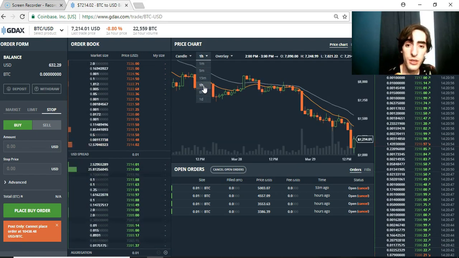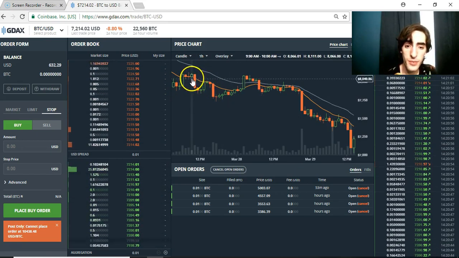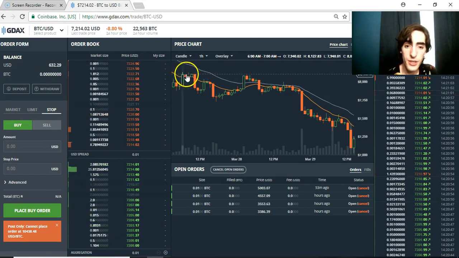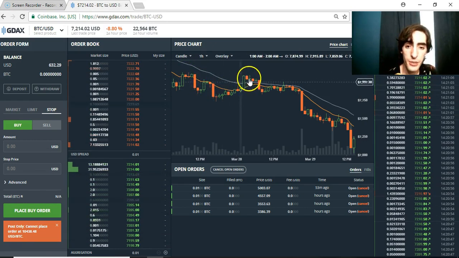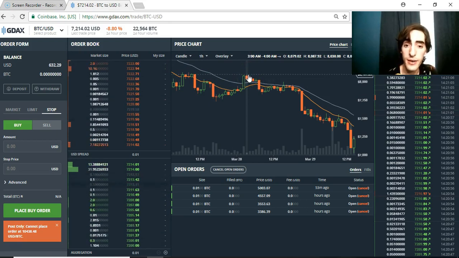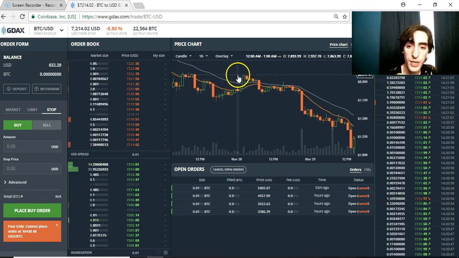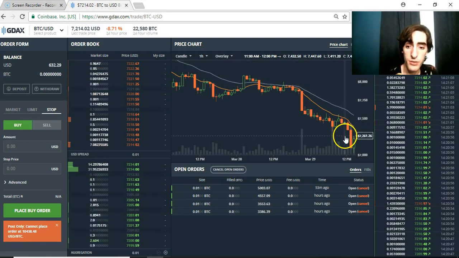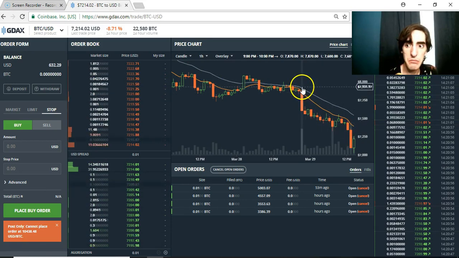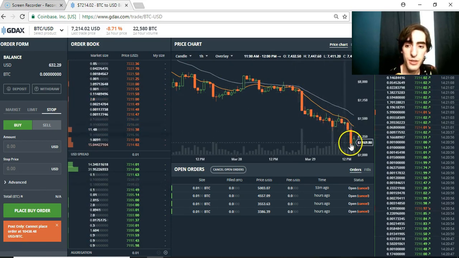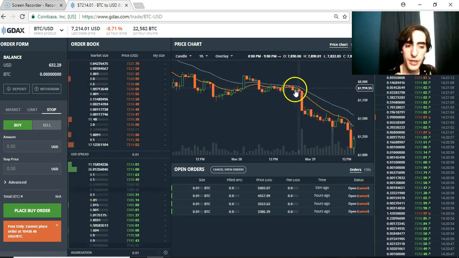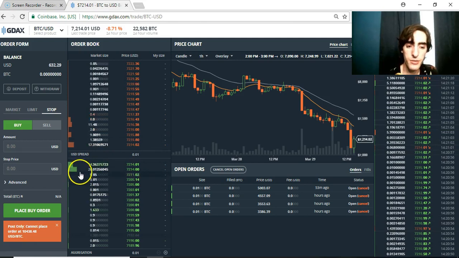So on the 1 hour, it went down right here, and it tried to go back up. That's the resistance line. It touches that same point, and then it drops like crazy, right? So now it has a long way to go to get back up to there. And it's not like all this stuff is green.